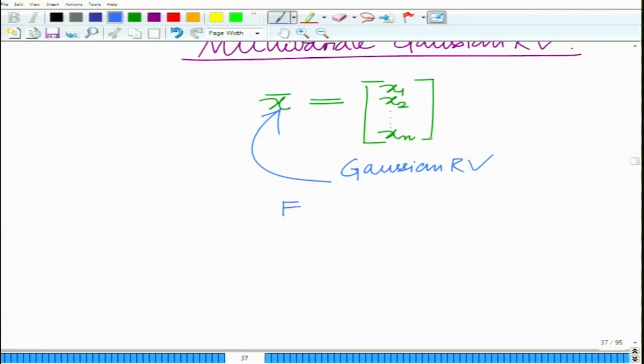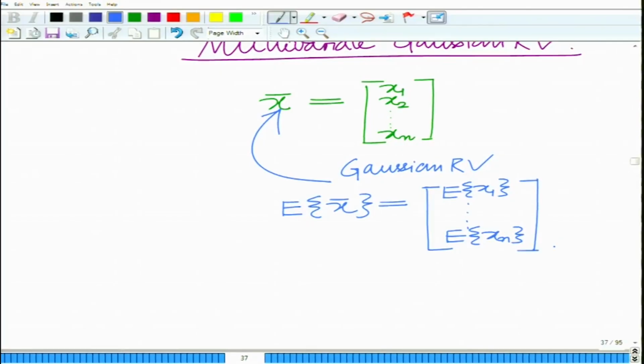We will denote the mean. Now, each of the components is going to have a mean. So, the mean is going to be a vector, that is, expected x bar equals the expected value of each of the components. So, this is going to be an n dimensional vector.